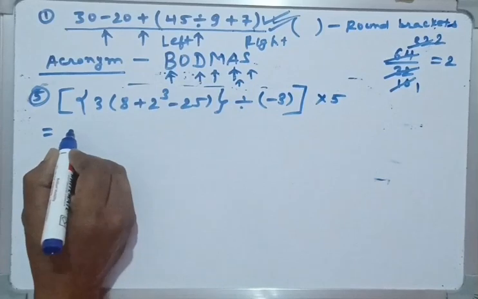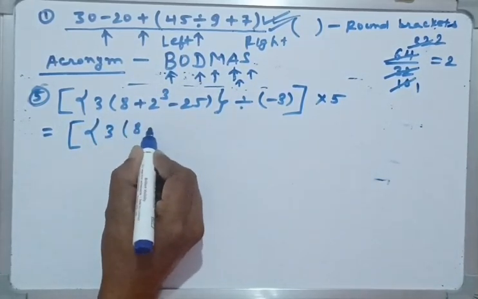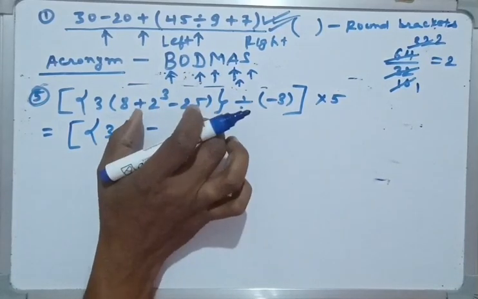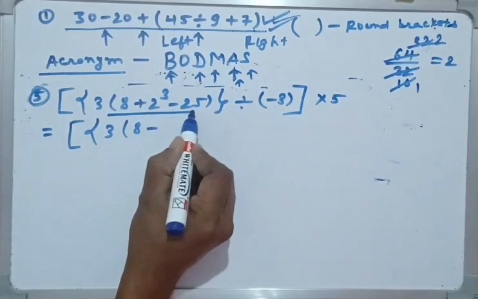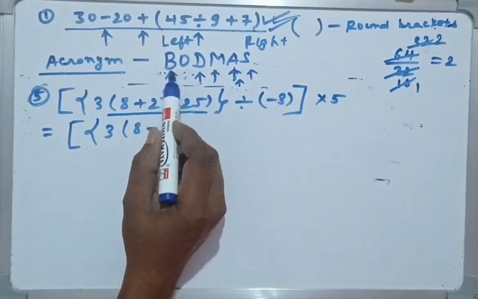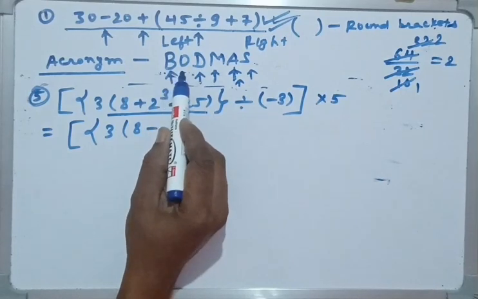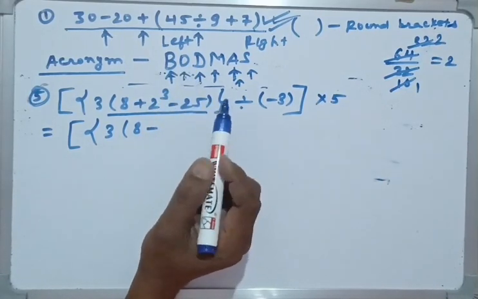So you can rewrite it as 3, then 8. In this also, which one do we solve first? In BODMAS, the second letter is O. O stands for order or powers.